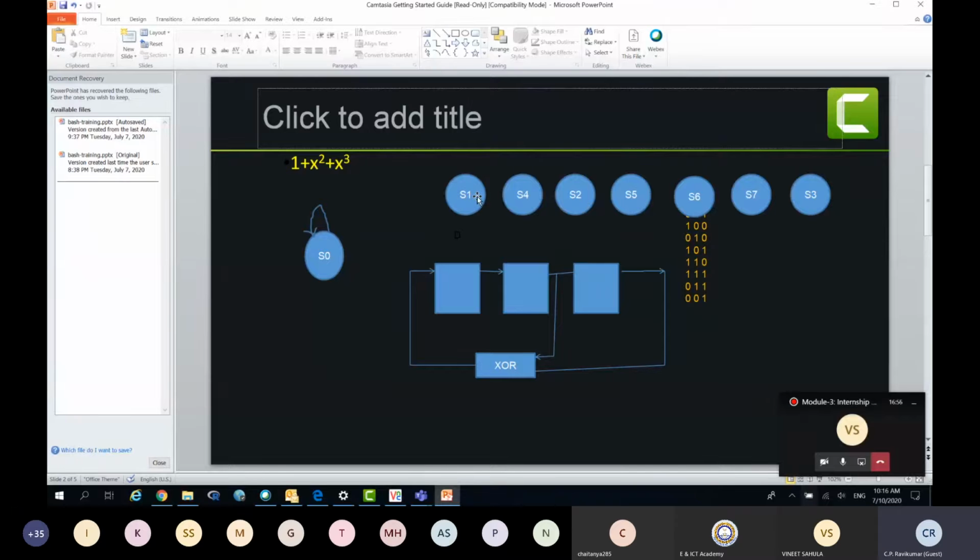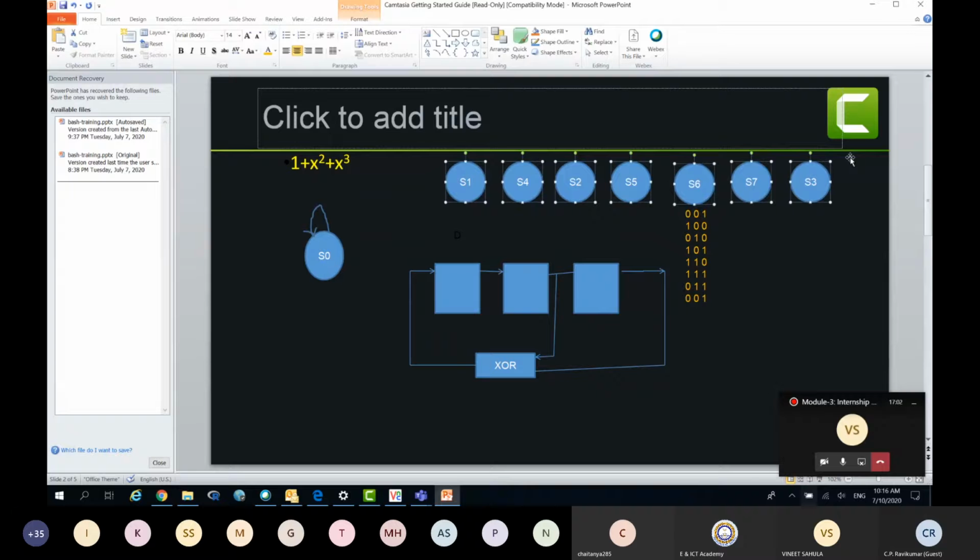And notice that the number of states here is 7, which is the maximum number of states possible except for the 0 state. For n flip-flops, the number of states is 2 to the power n, right? Each bit position can be in either 0 or 1.